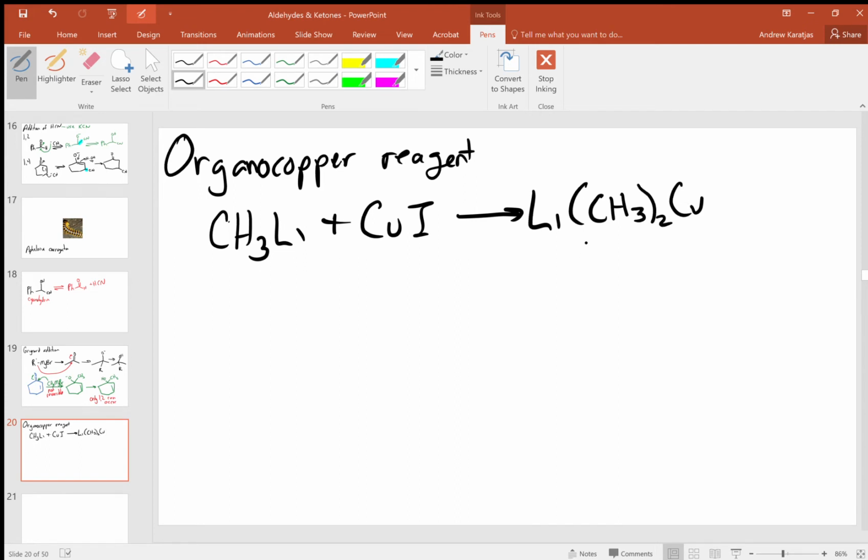And if you then add your cuprate to a conjugated carbonyl, you will end up with the 1,4 addition product.